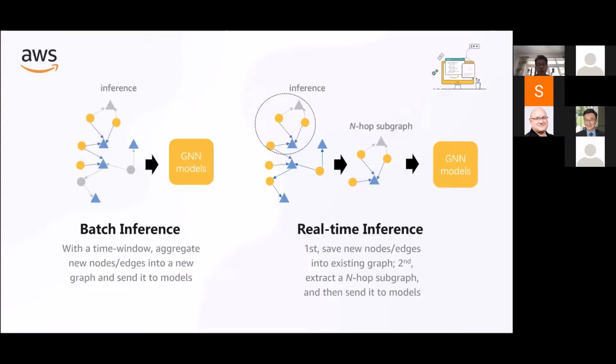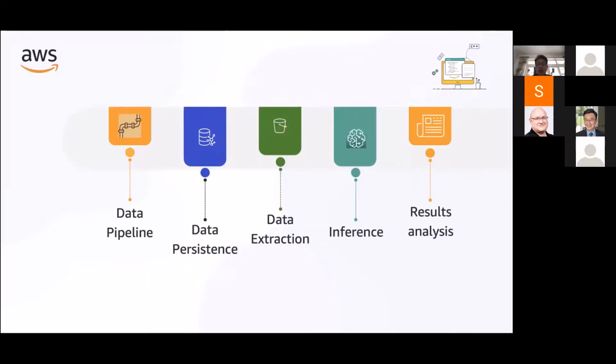To have real-time inference, normally we not only need an inductive GNN model, we also need the ability to insert and extract an ego network for the inductive model to do real-time inference. That requires the whole end-to-end data processing pipeline to be adaptive to the real-time inference structure.